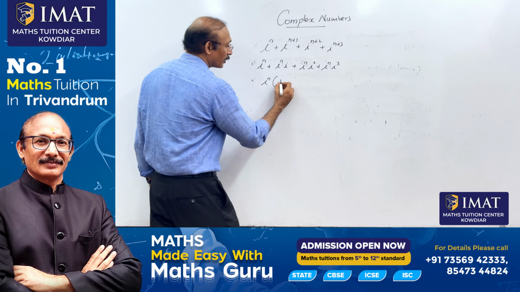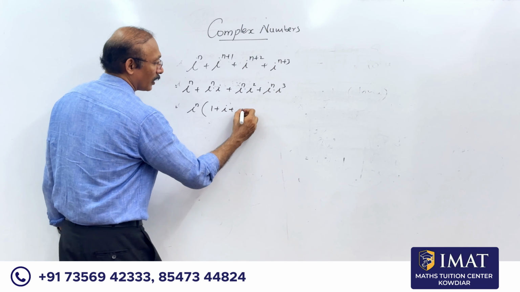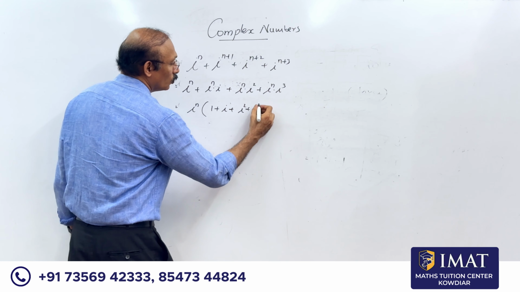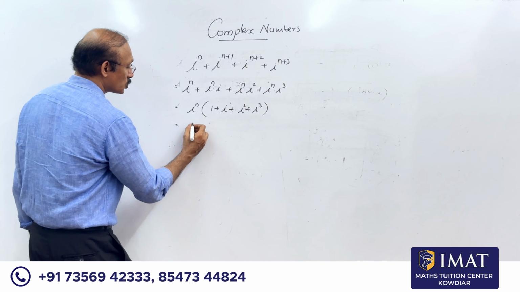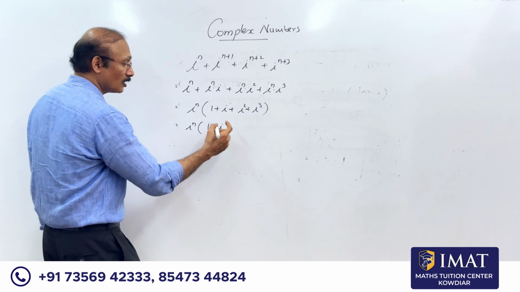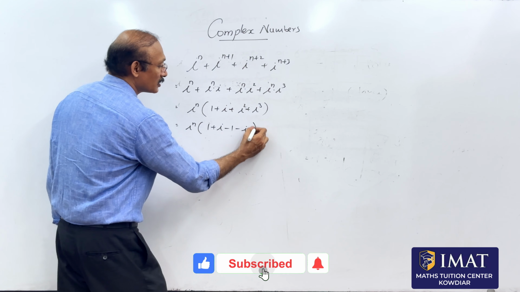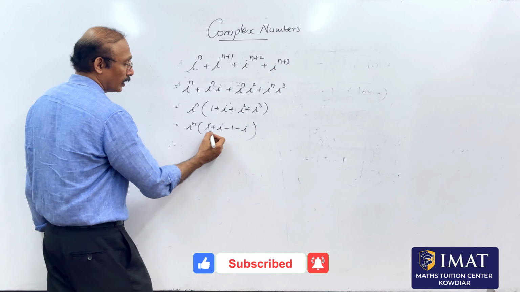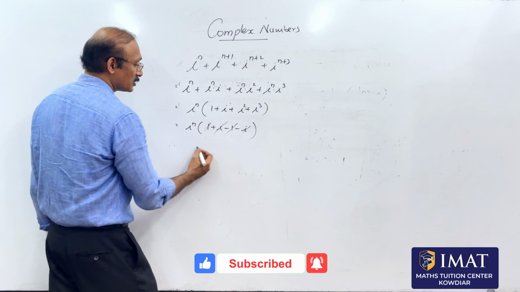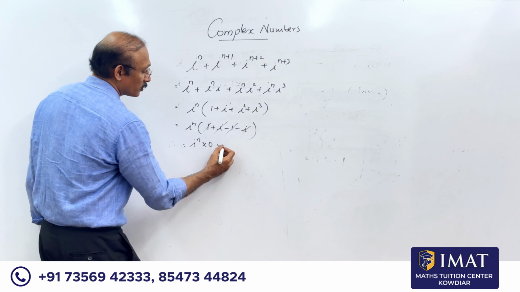So what do you get in bracket? 1 plus i plus i squared plus i cubed. What is this? i^n into 1 plus i plus, what is i squared? We just now saw i squared is minus 1. What about i cubed? i cubed is minus i. See, 1 and minus 1 cancel, i and minus i cancel. So this becomes 0. So i^n into 0. So the answer is 0.